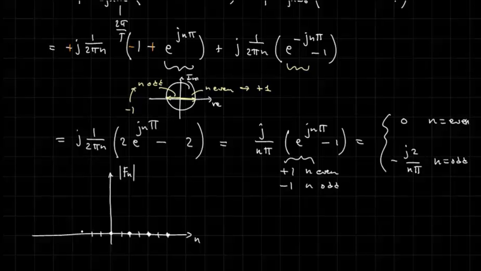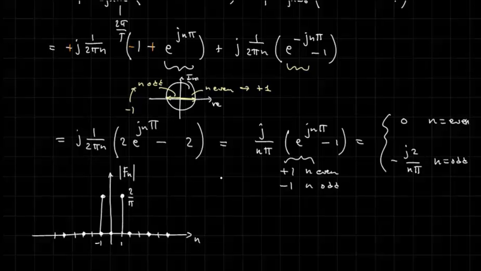For 1, minus 1, 3, minus 3, 5, minus 5, it's going to be 2 over pi, for, I'm going to drop off the omega here, but it's n omega naught.